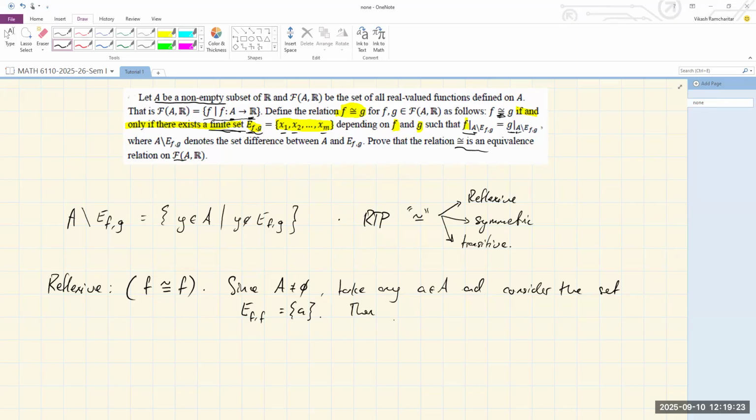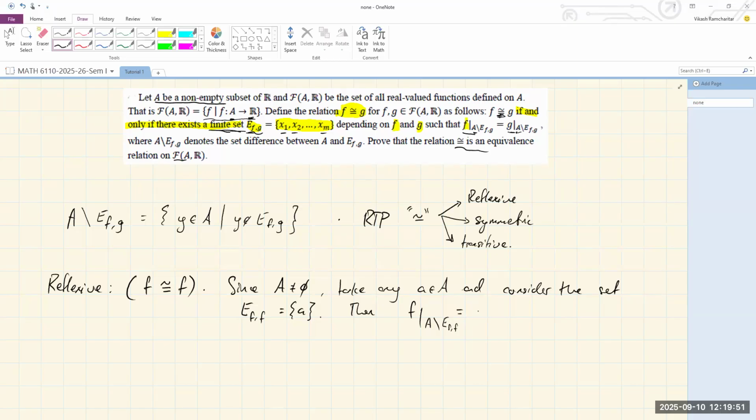Then clearly, if I take the function f and I restrict it to the set A, which it's originally defined on, and I remove from it the singleton point. So I'm just saying take any function f, its domain is A, remove from it one point of A, and look at the function on that new set.